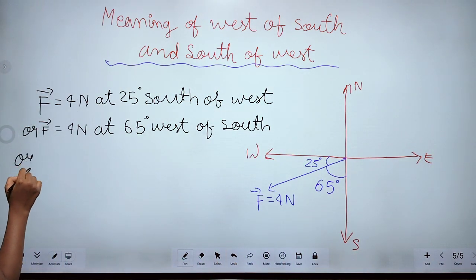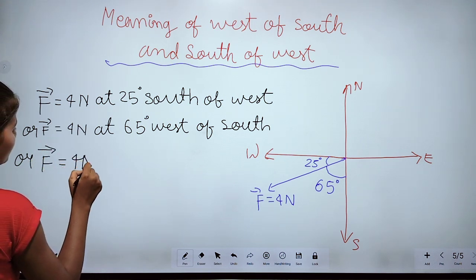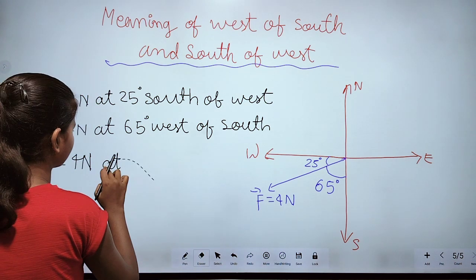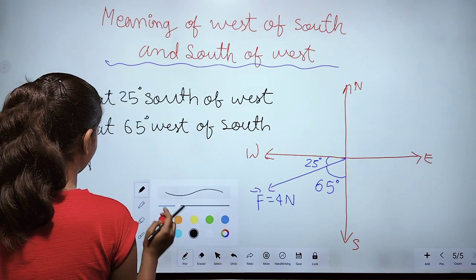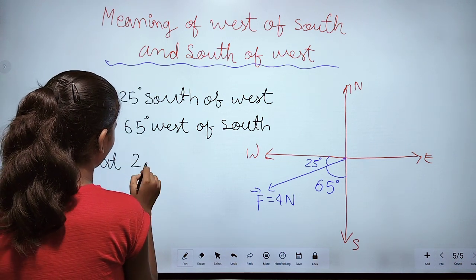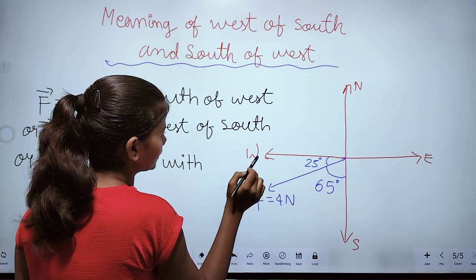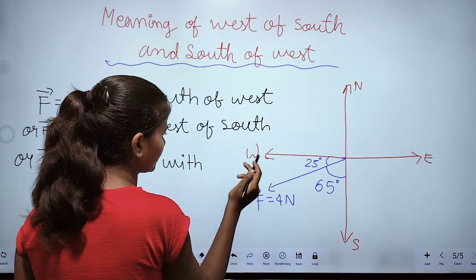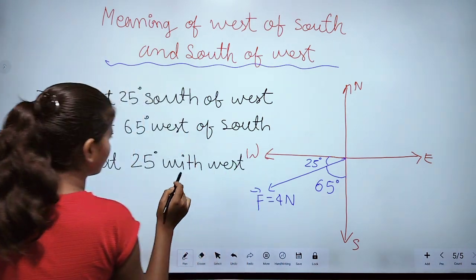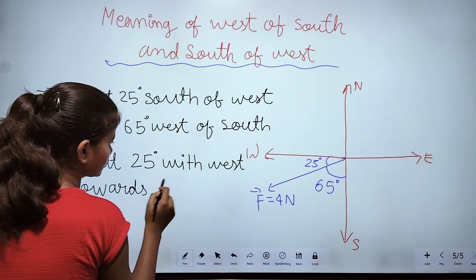Now you can also write F vector is equal to 4 Newton at 25 degree with west towards south.